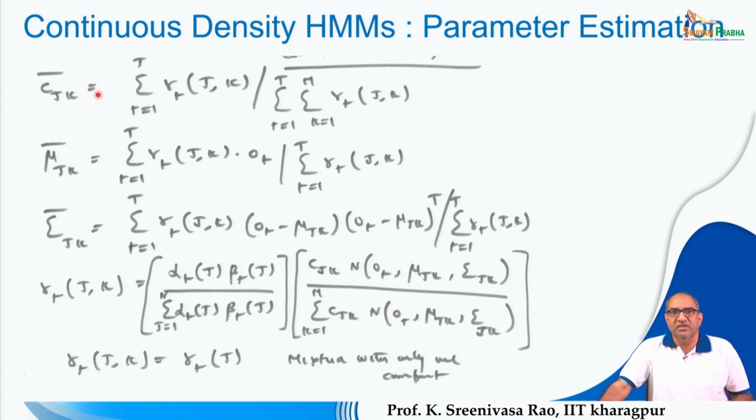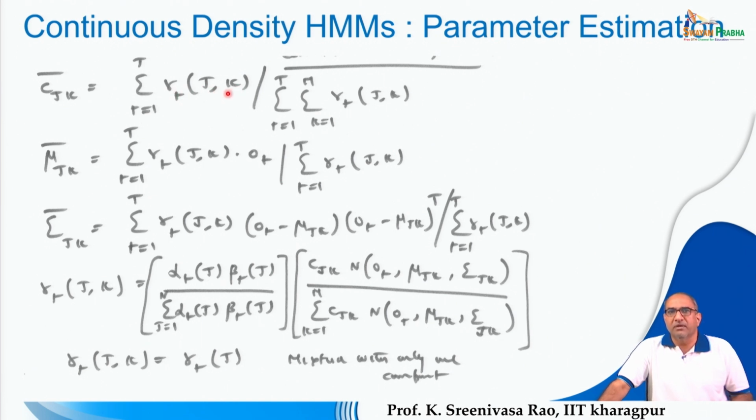Now, by using that you can estimate these state probabilities. Cjk can be estimated using this, because we know how to compute gamma t. Earlier it was gamma t of j only, and now, since the state is realized with a mixture, we have gamma t of jk, the partial probability of the system being in state j and in the kth component.